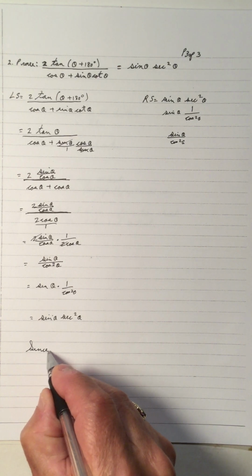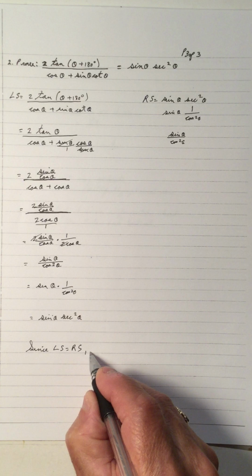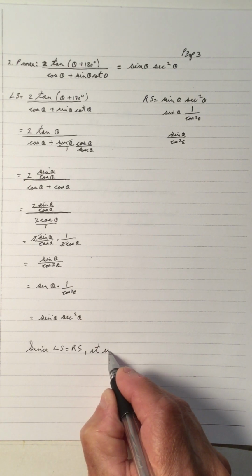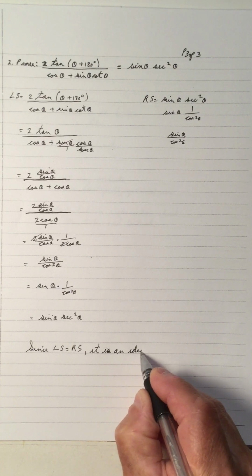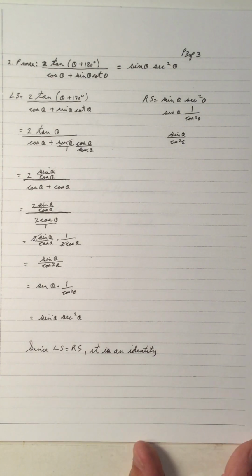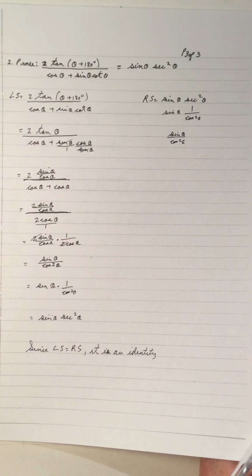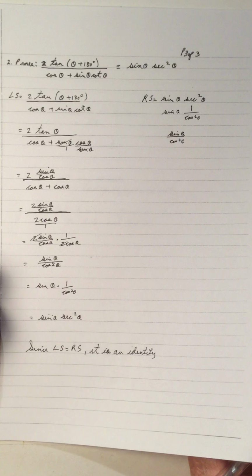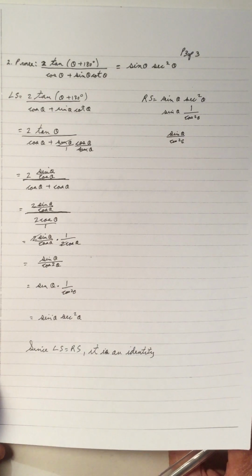So since the left side equals the right side, it is an identity. So that's 2 more done, and the more identities we do, hopefully the better you get in working out the strategies of solving them.